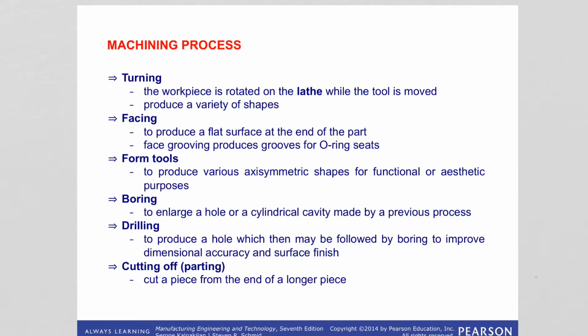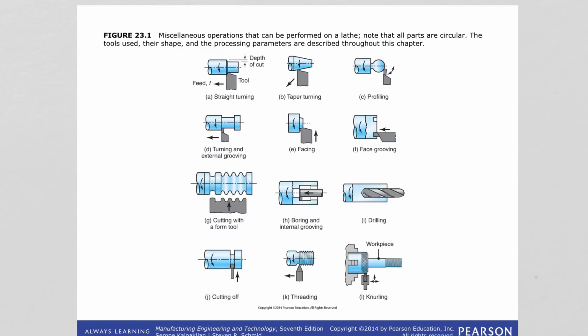The turning operation is where the workpiece is rotated while the tool is moved, and with this technique we can produce a highly versatile and wide variety of shapes. And here are the turning operations A and B, and again, the videos of these operations are available to you.